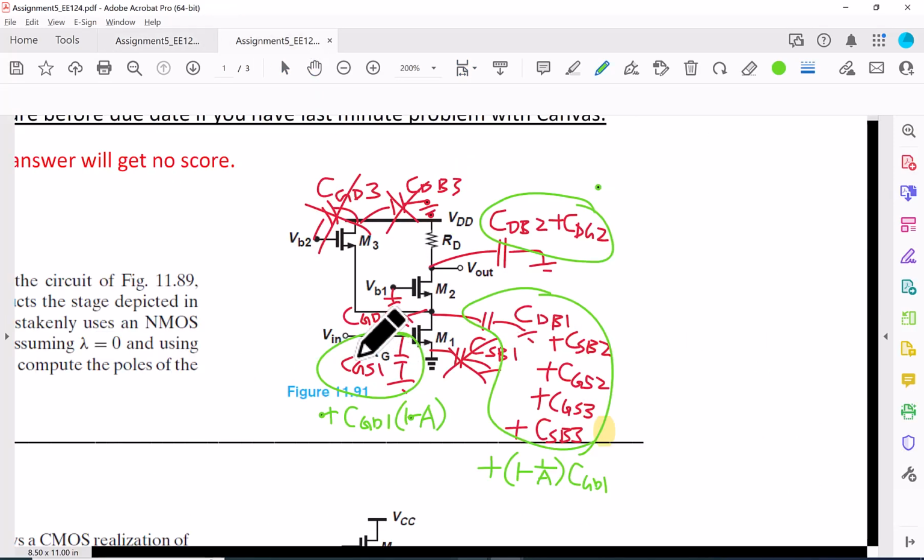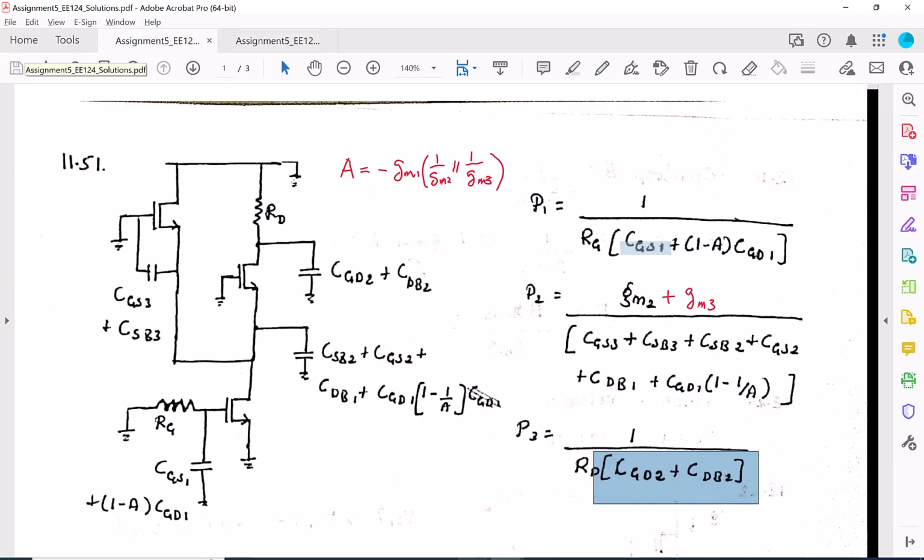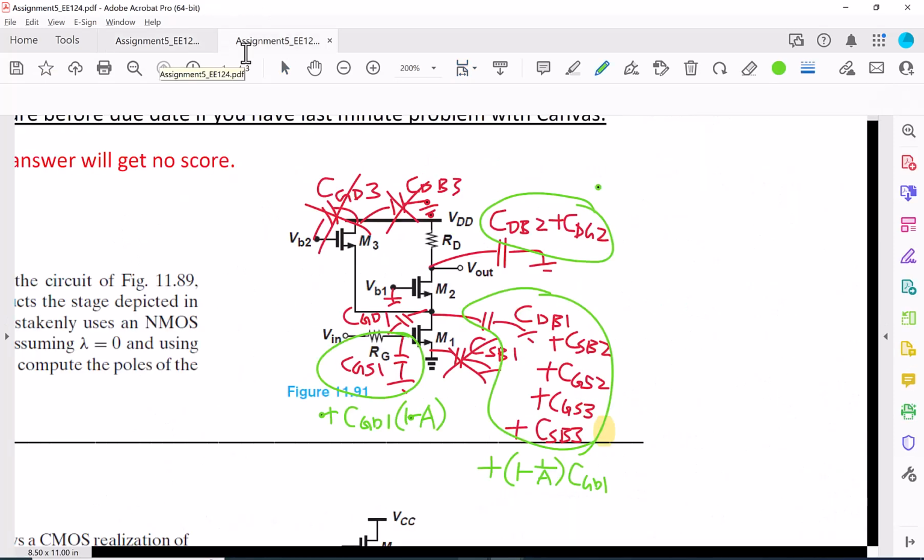I have one that is CGS1 plus CGD1 times 1 minus A, and then one of them has 1, 2, 3, 4, 5, 6 terms. I did not check it. So I assume I'm correct.